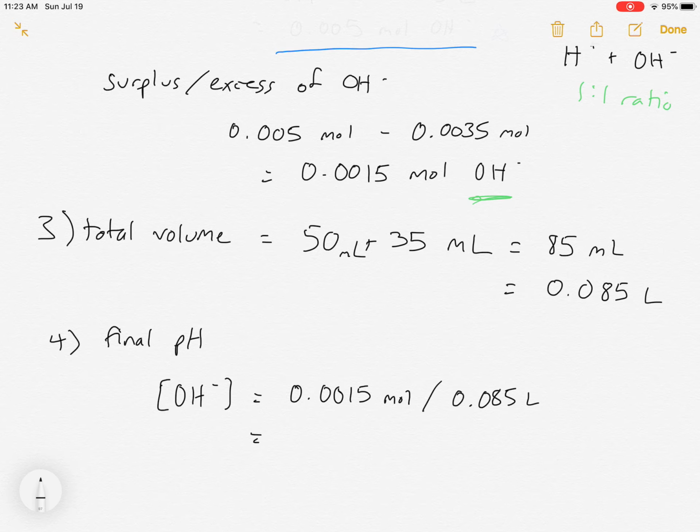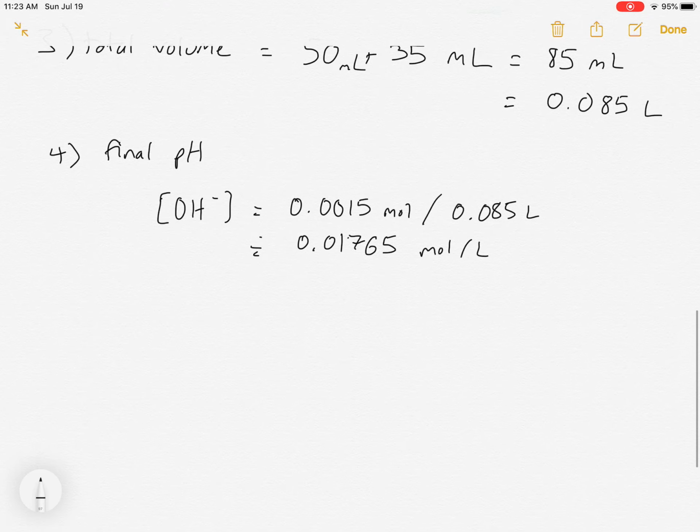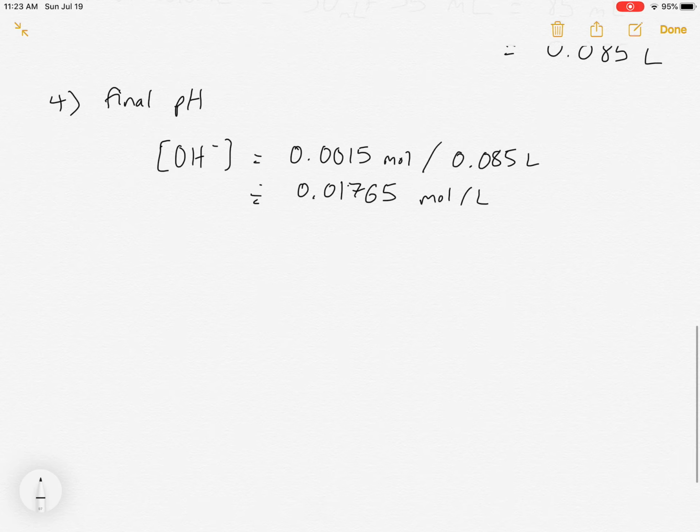And then when you plug this in on your calculator, you will get approximately 0.176 moles per liter. So that's our concentration of hydroxide.